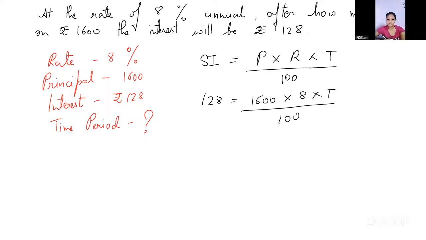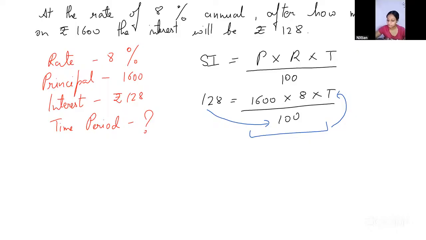128 I will bring this side. First it will come beneath and the reciprocal will happen. First it will come this side and then this whole thing will go up.